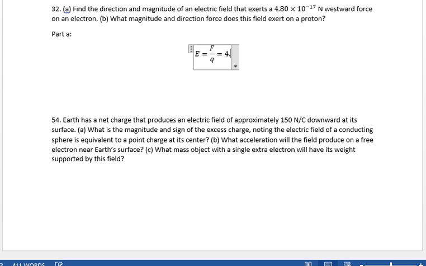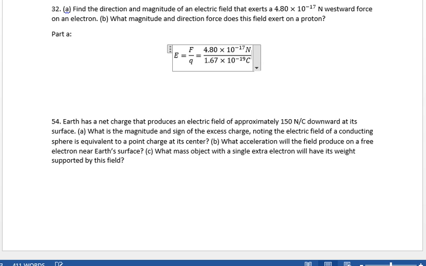Well, it's 4.80 times 10 to the minus 17 newtons, all of that divided by the charge, 1.67 times 10 to the minus 19 coulombs. And let's go ahead and put in newtons west, and I'll put in the minus sign here.